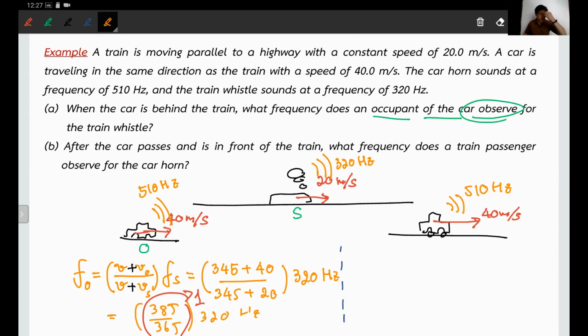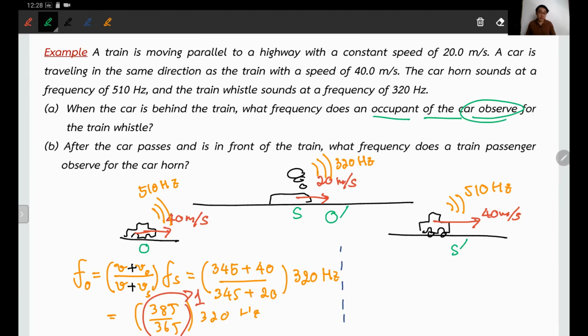So now you have to switch the role, because at this point the part B question is asking what will happen to the passenger on the train. That means for part B, the observer is now a passenger on the train. So let me put O here, but with a prime just to distinguish part A and part B. So O prime will be your observer for part B. And now the source is going to be the horn sound, so let me put S prime there.